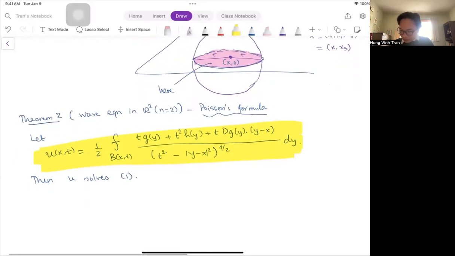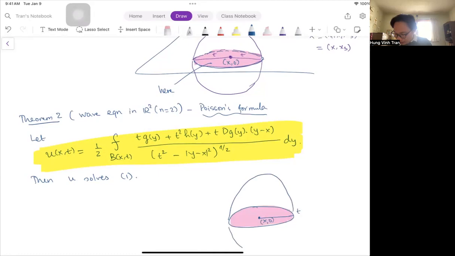Let me draw another picture here. This is the disk of center x0, radius t down here. This was the one that we highlighted, where we project everything on the sphere down to this. So we had a sphere up here and the disk down here.